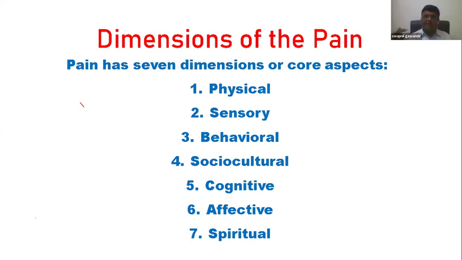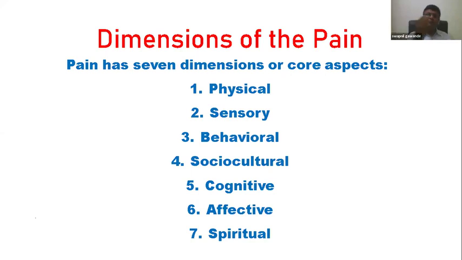Then sensory pain is generally radicular pain, for example cervical pain because of cervical spondylosis, or compression in the cervical or lumbar vertebrae. The pinching of the nerve or impingement of the exiting nerve root may cause referred pain.